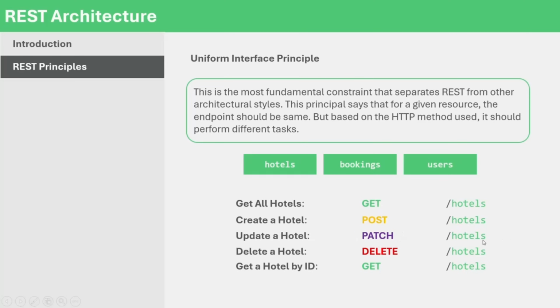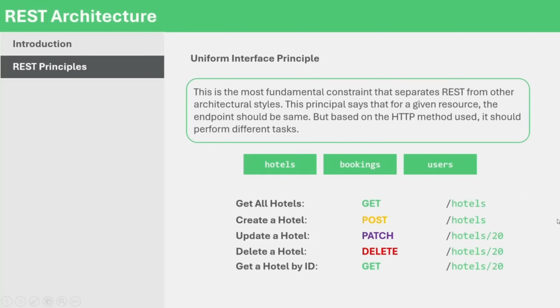The resource is still hotels, but here, since we want to update a single hotel at a time, after hotels, we also need to specify a unique identifier using which we want to update the hotel. Generally, it is the ID of the resource. So for update, delete, and getting a resource by its ID, after the endpoint, we also need to specify the unique identifier using which we can identify that resource.